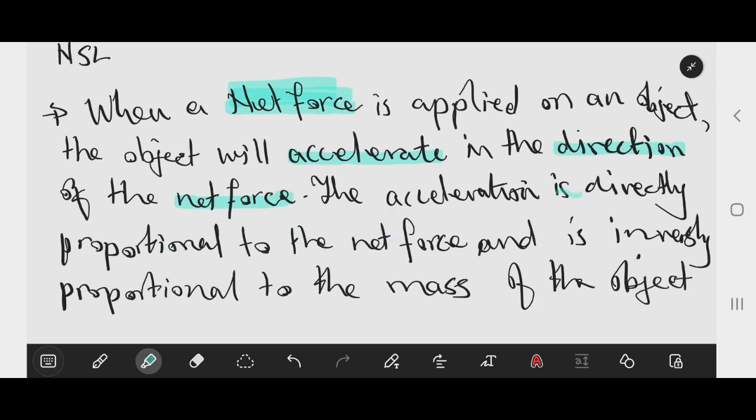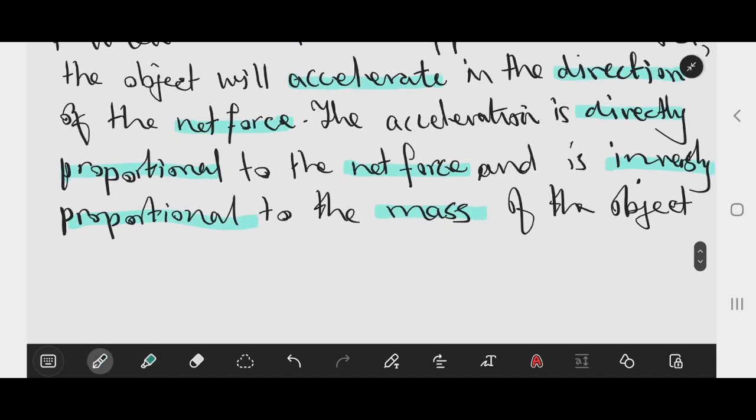So the acceleration is directly proportional to the net force and inversely proportional to the mass of the object, right? That is Newton's second law in words, which is F net is equal to m a.